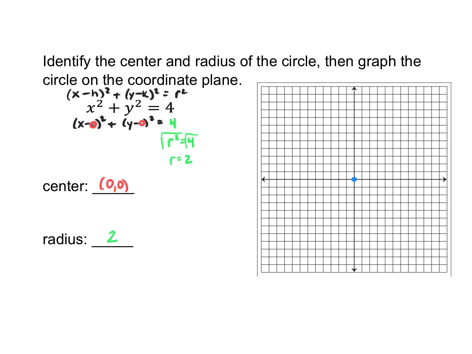For example, if I count 2 units to the right, that would be an edge of the circle there. If I count 2 units up, that would be the edge of the circle. 2 units to the left, edge of the circle. 2 units down, edge of the circle. And now you can at least use those 4 points to help guide your drawing of the circle.